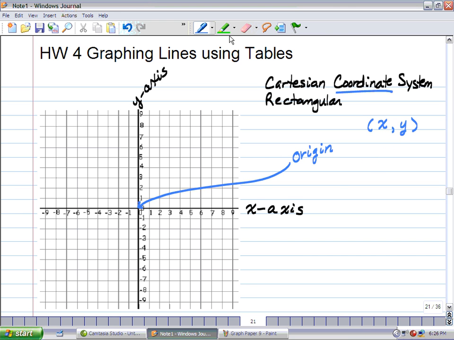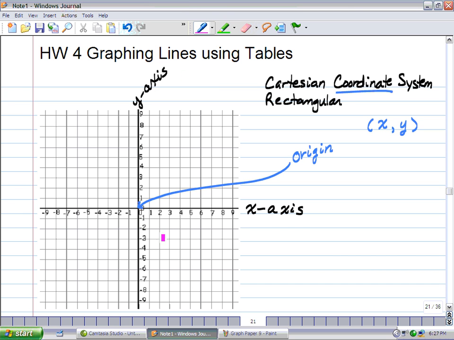The x value is always found on the x-axis, so the point is always either above or below that x-coordinate on the graph. The y-coordinate is always either to the left or right of the point.